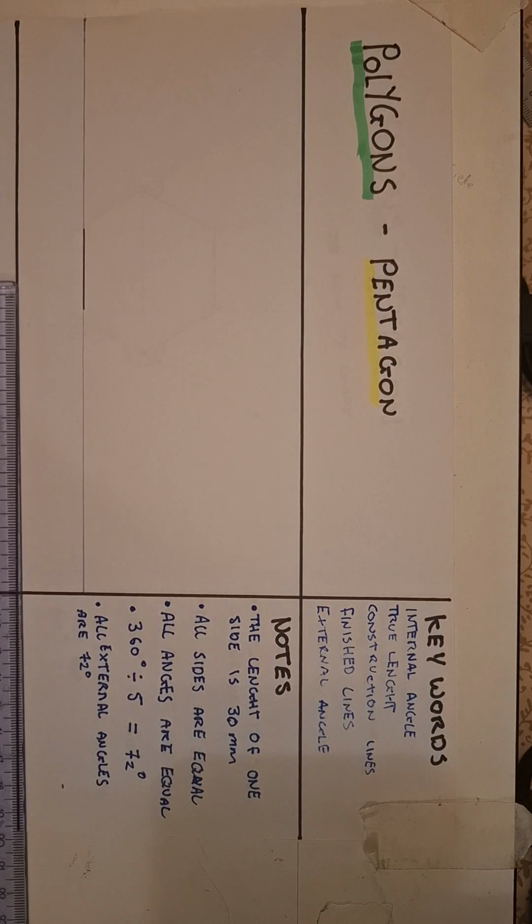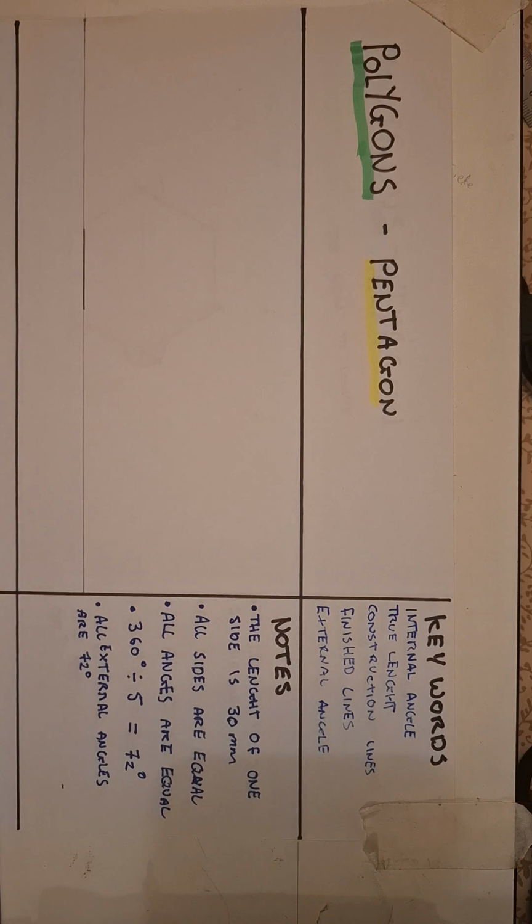Right, lads, before we construct this, we'll just go quickly over the principles when we're going through pentagons. So the key ones are, as I said when we were talking about the hexagons, the exact same principles in regards to length. So all you need to know is one side. That's all you need. So I'm giving this side a length of 30 millimeter.